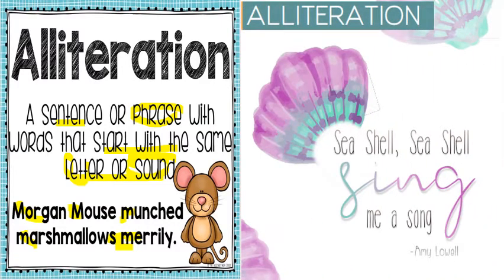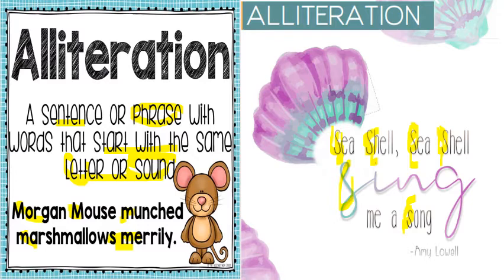Another example of alliteration here is seashell, seashell, sing me a song. In this case, I get that repetition of the S sound, and that creates a rhythm very similar to the rhythm of waves crashing onto a beach.